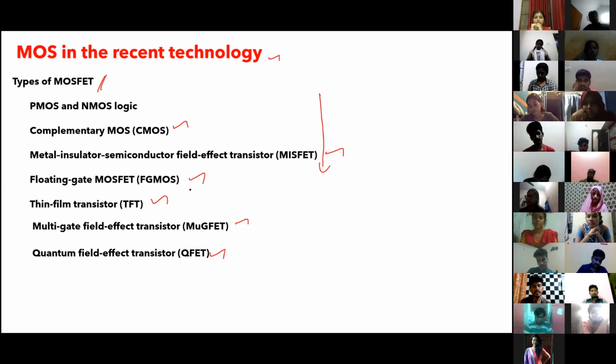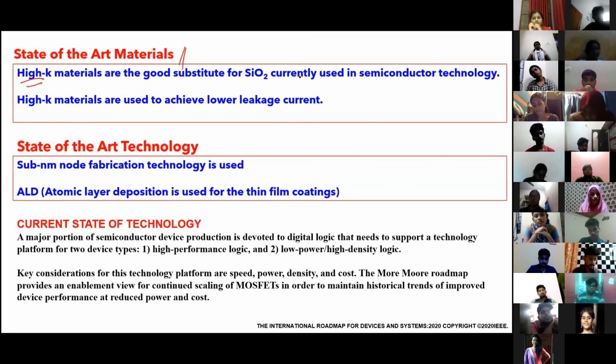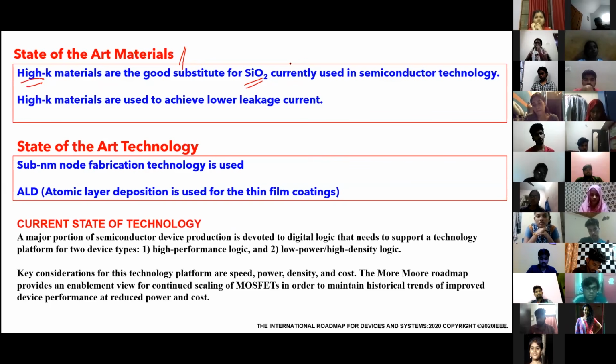The important point is that people are now looking for high dielectric constant materials, which are called high-K materials, as a substitute for silicon dioxide. Silicon dioxide is a very good material for MOS capacitance. But when you make it very thin, like 1 nanometer, it becomes really leaky.